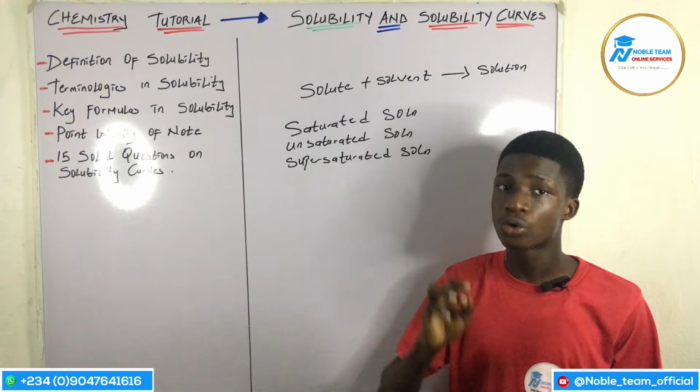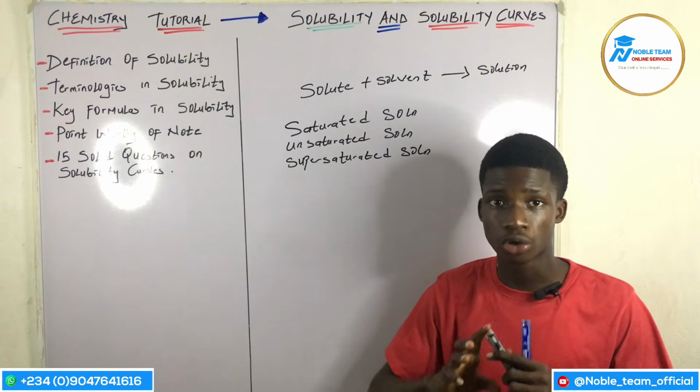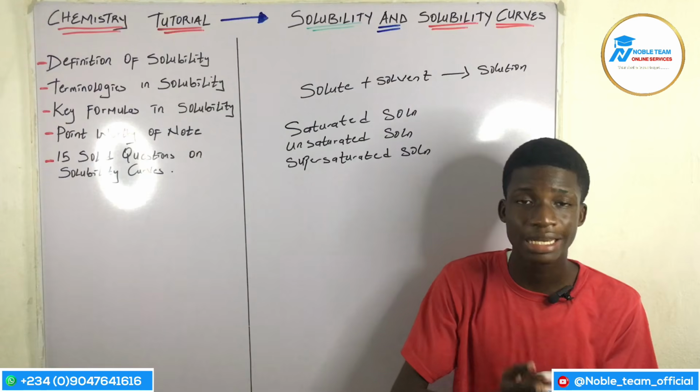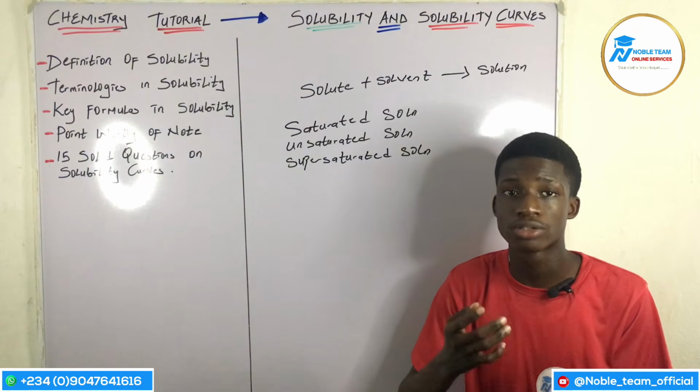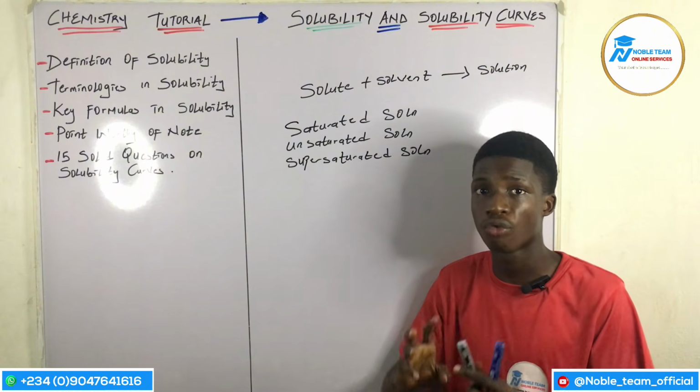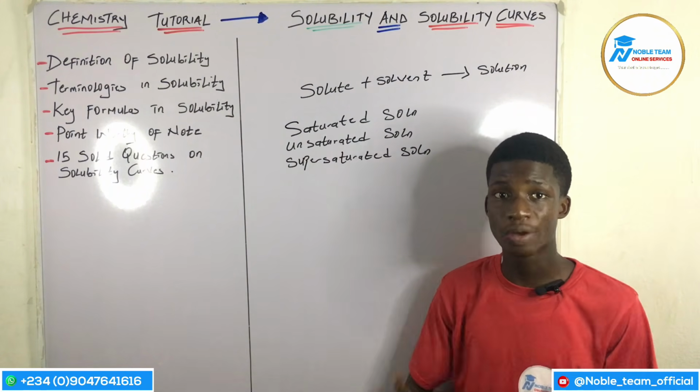Do you understand? So that particular thing is not saturated. What we mean by saturated is when you have been instructed to dissolve 40 grams of chalk inside 100 grams of water. That is what we call a saturated solution.